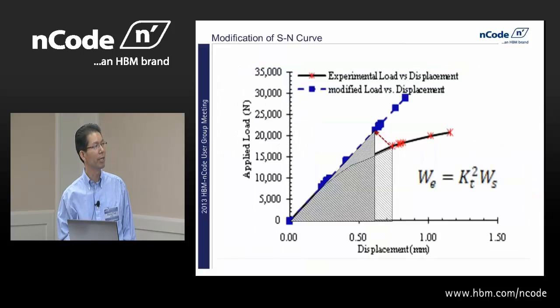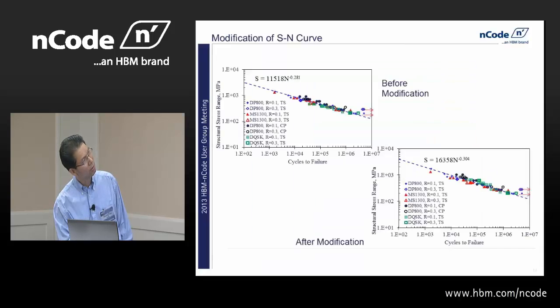With the modification, the testing load was here, but in calculating structural stress we have to apply a higher load based on this same energy approach, and that way we change the load correspondingly. So the value of this y part, this intercept value, is changing.